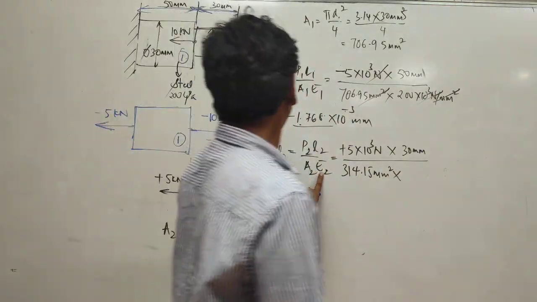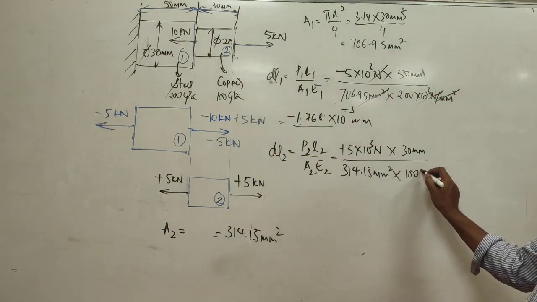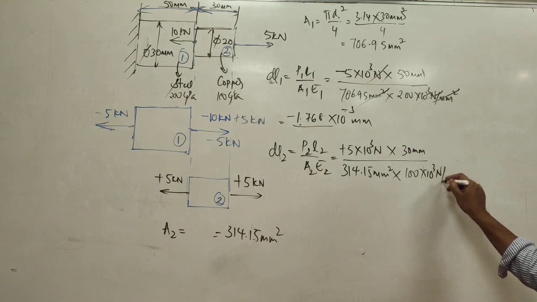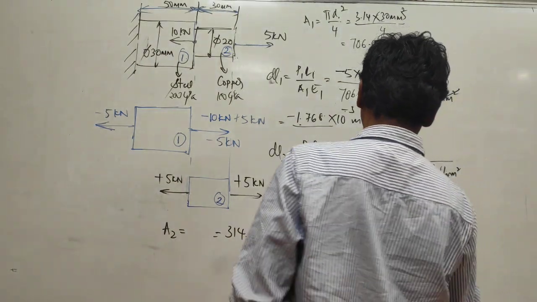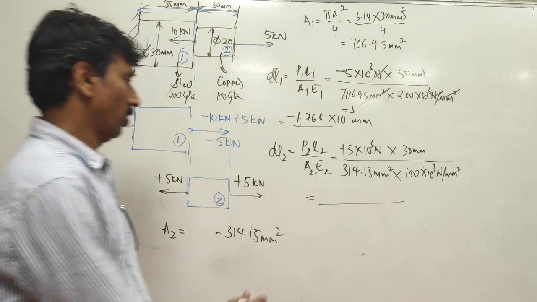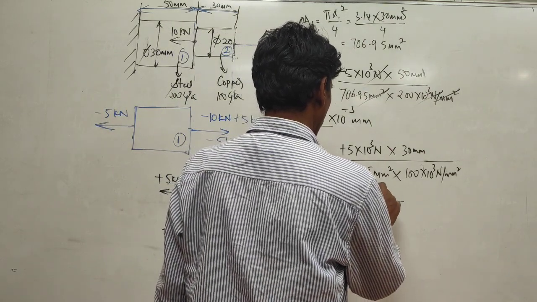Then E2: since it is copper, it is 100 GPa, which is 100 into 10 to the power of 3 Newton per mm square. You substitute this and you get the answer, 4.77 into 10 to the power of minus 3 mm.